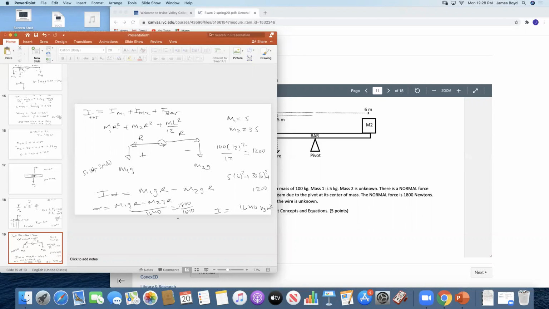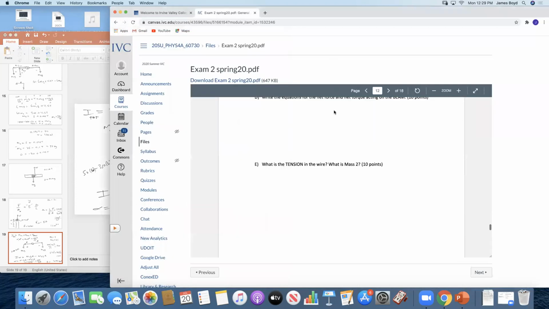And 1800 divided by 1640 is 1.09, so 1.1. It's negative, why? Because it's rotating clockwise. So you know it's negative, it has to be negative. That just tells you that it's rotating clockwise in our setup. And that was all I asked.